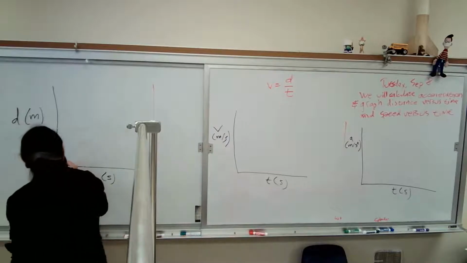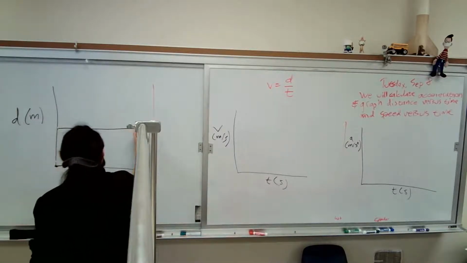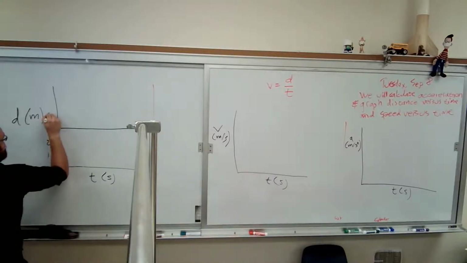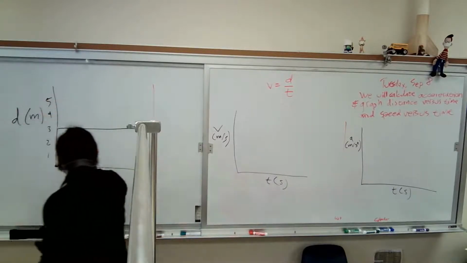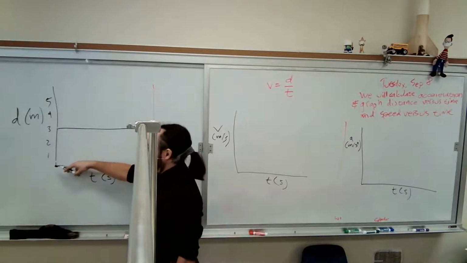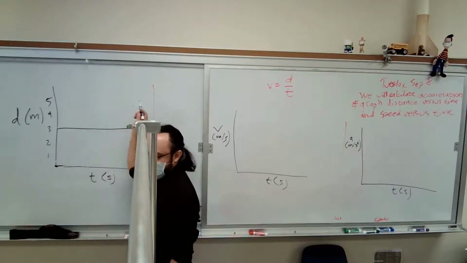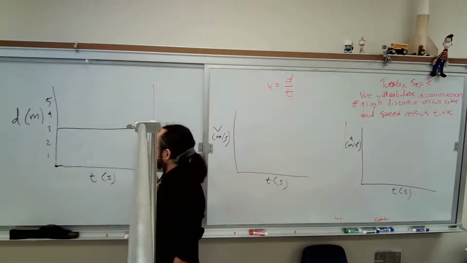So a line like this, let's say that this is 3 meters that it's at. Ours started at 0, so we know this line is wrong anyway. But even if it had started at 3, it would have gone on to 4 and 5 because it was moving. This is a line that shows that it's not moving.